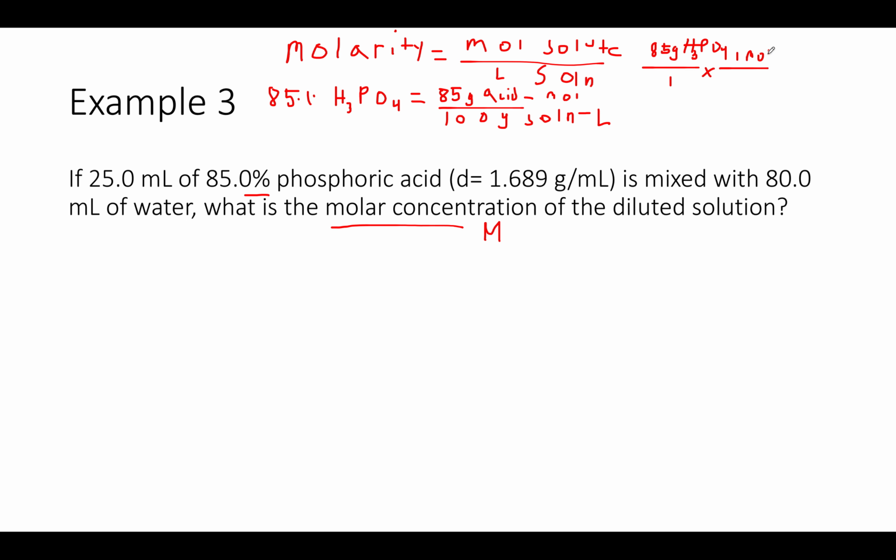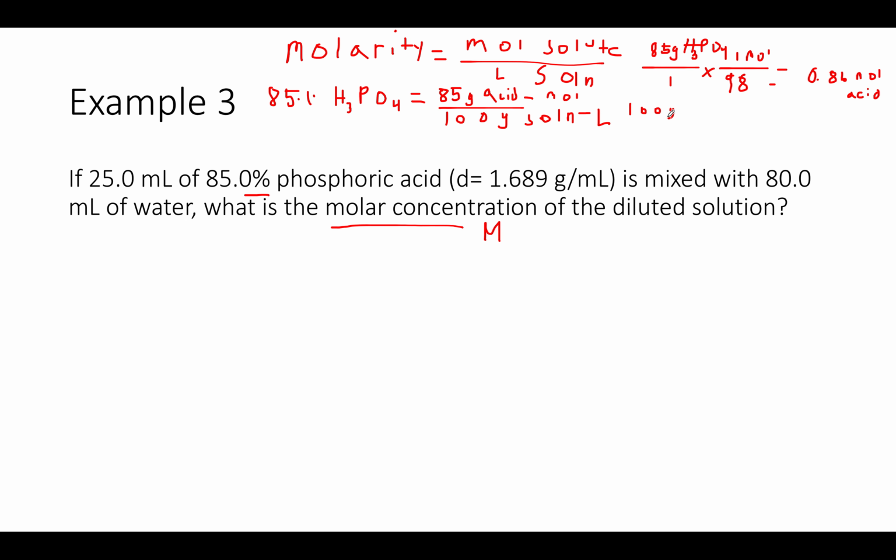So 1 mole has approximately 98 grams. So we have 0.86 moles of phosphoric acid. We have 0.86 moles of the acid. Okay, that's step 1. Step 2, I need to convert the 100 grams of solution into liters.